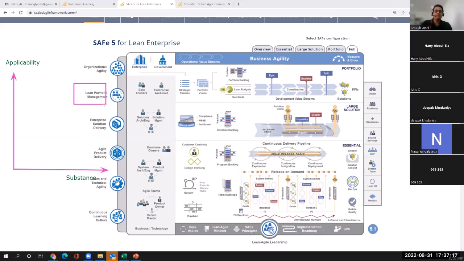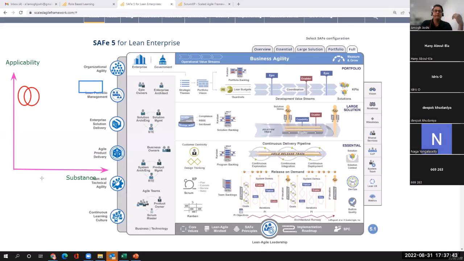It is highly applicable, and they provide a lot of guidance on how it should be implemented. There are more than 1 million SAFe practitioners. While others like Scrum at Scale are almost here. They are also high in applicability, but there is no substance. If you go to the Scrum at Scale website, you will hardly get any guidance.